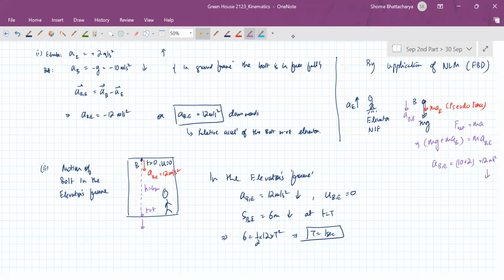That's one more way to understand the relative acceleration.